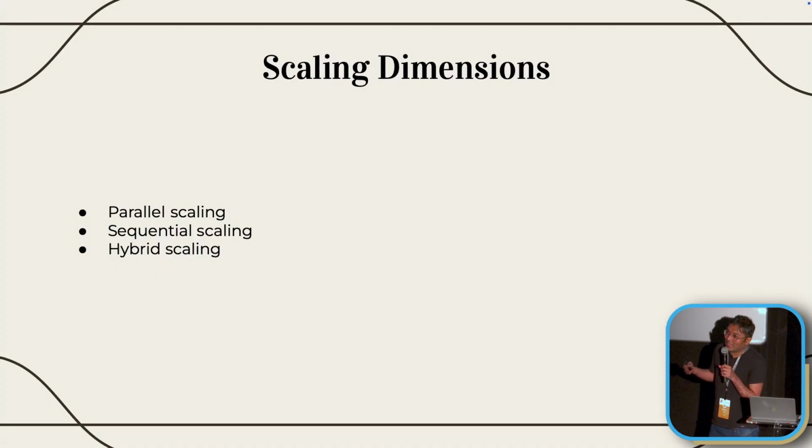Parallel scaling is when, for a given problem, you generate n solutions, and that n can be as large as you want, as long as you have a good way to select the best answer out of the n.